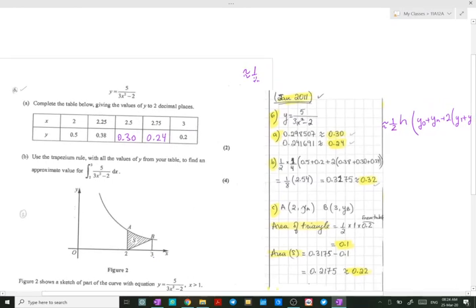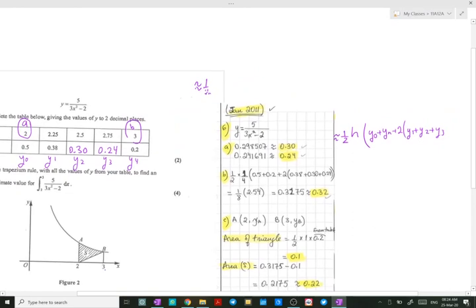Let us pinpoint first the variables. a is for 2, b is for 3, and naming the y values, it's y0, y1, y2, y3 and y4. So now let me continue writing the formula.